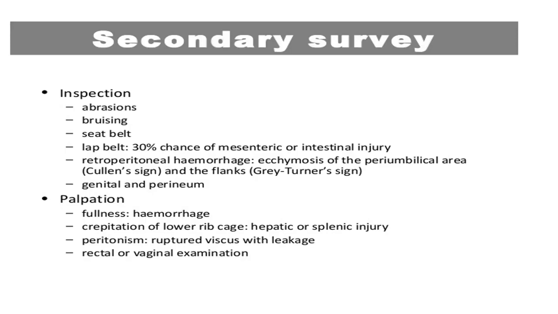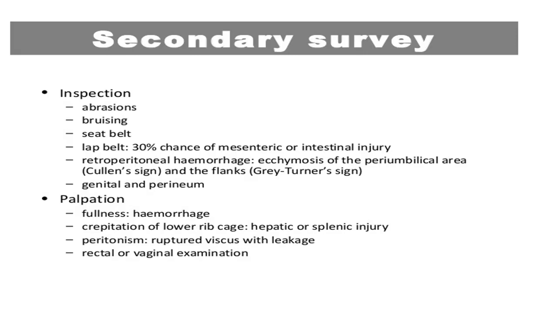On inspection, we could look for abrasions, bruising, the lap belt or seat belt sign, and retroperitoneal hemorrhage. For example, we could have ecchymosis in the periumbilical area, which is what they call a Cullen sign, or in the flanks, which is what we call the Grey Turner sign.